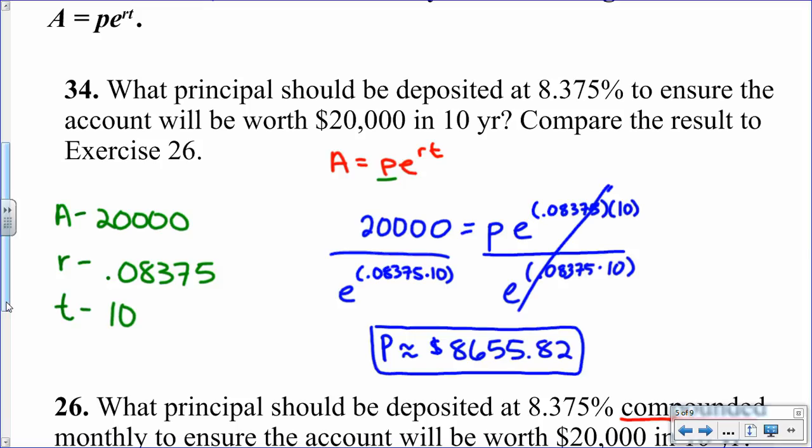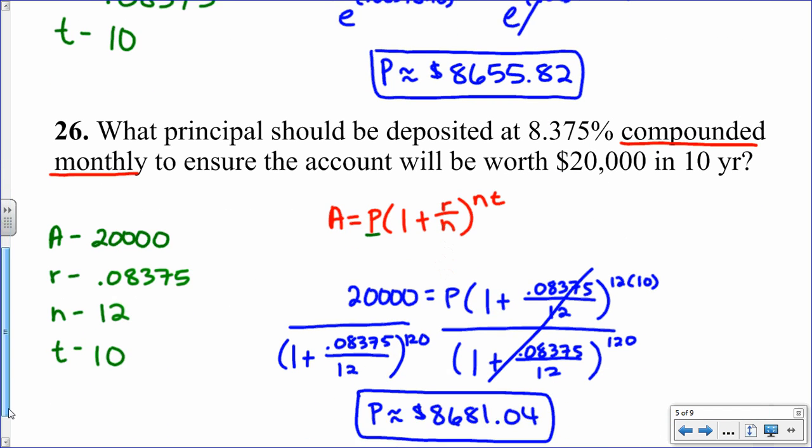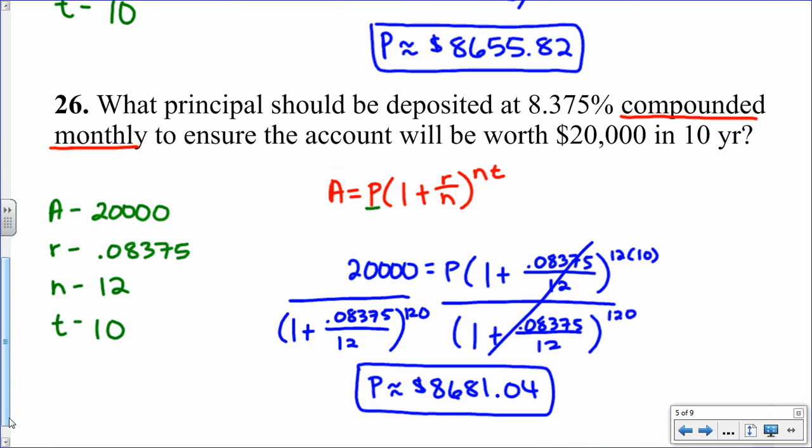So continuous interest is just compounded constantly. Like that's what that means. It's just constantly compounding. So your A or your P, your initial value is just growing continuously. Where this monthly, it's growing once a month. So not as much.